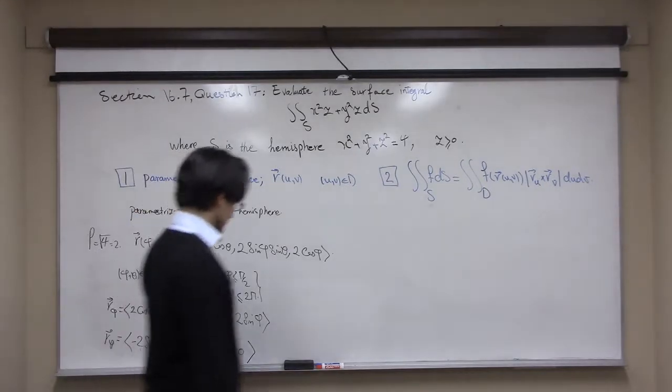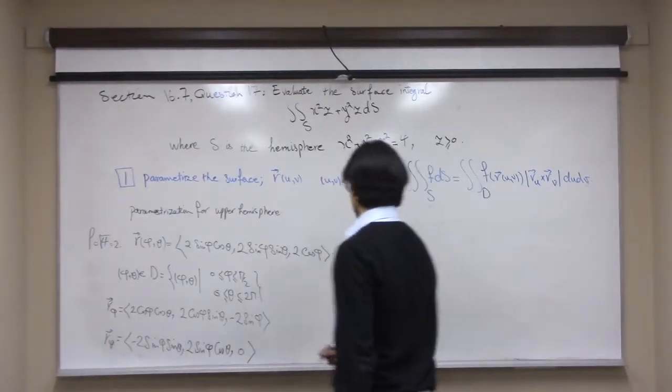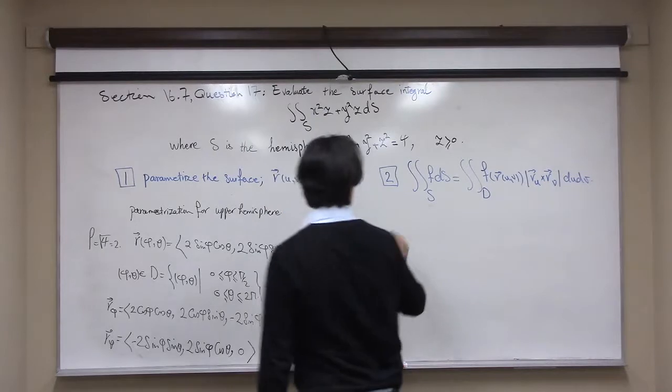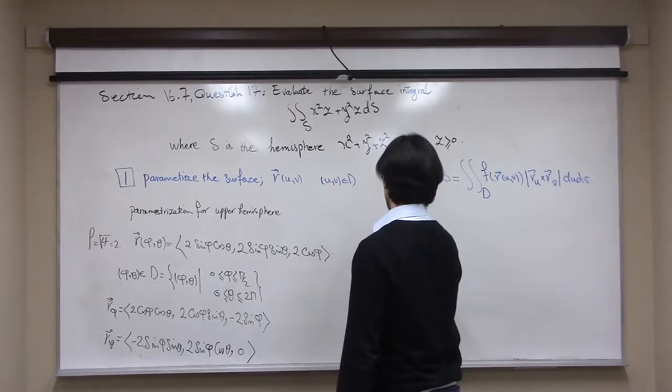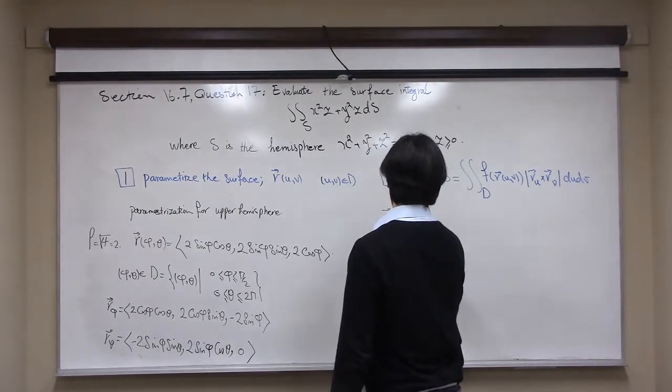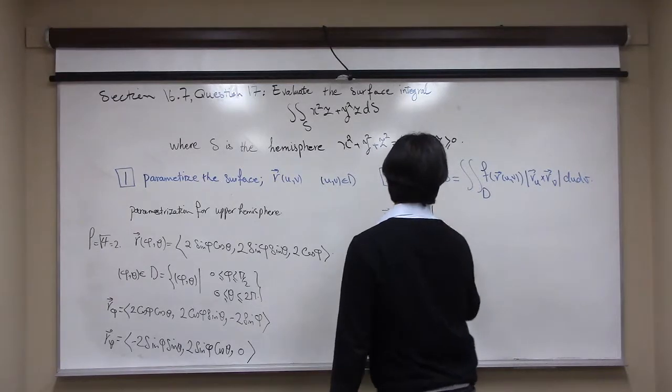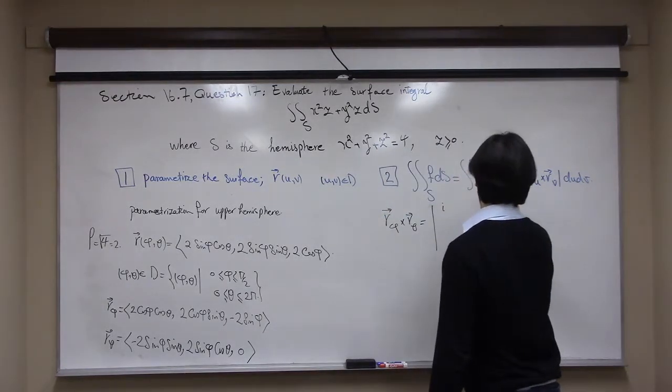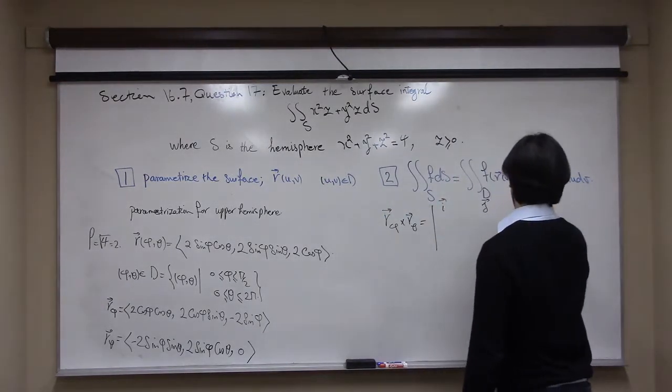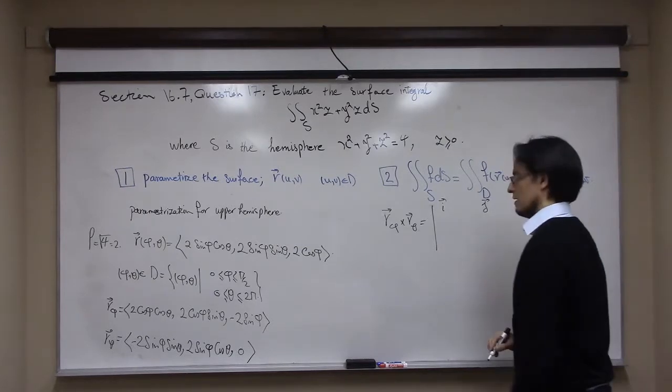Okay, great. Now I can find the cross product. Let me find it here. So r phi cross r theta. So I have i, j, k.